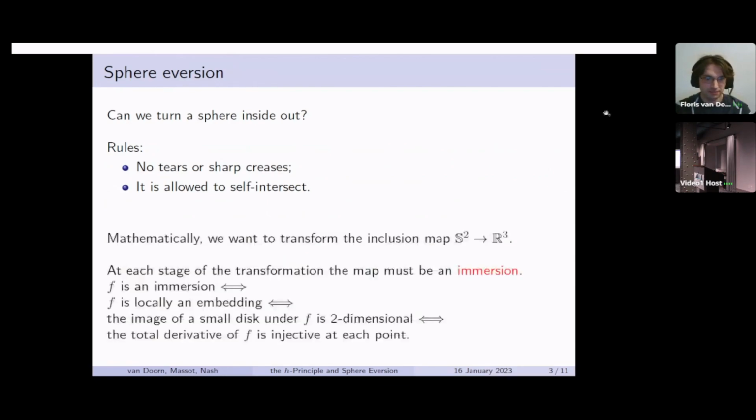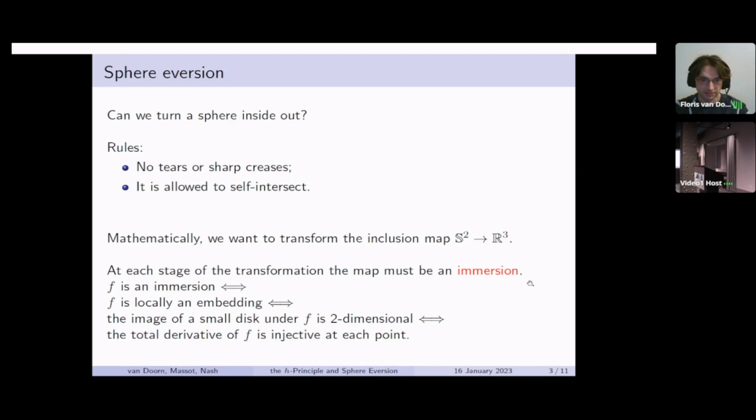So if we say this mathematically, we start with the inclusion map from the sphere S2 into R3, so just a map into the unit sphere, all the points with distance 1 from the origin. And we want to transform it in such a way that at every step in the transformation, the map is an immersion.